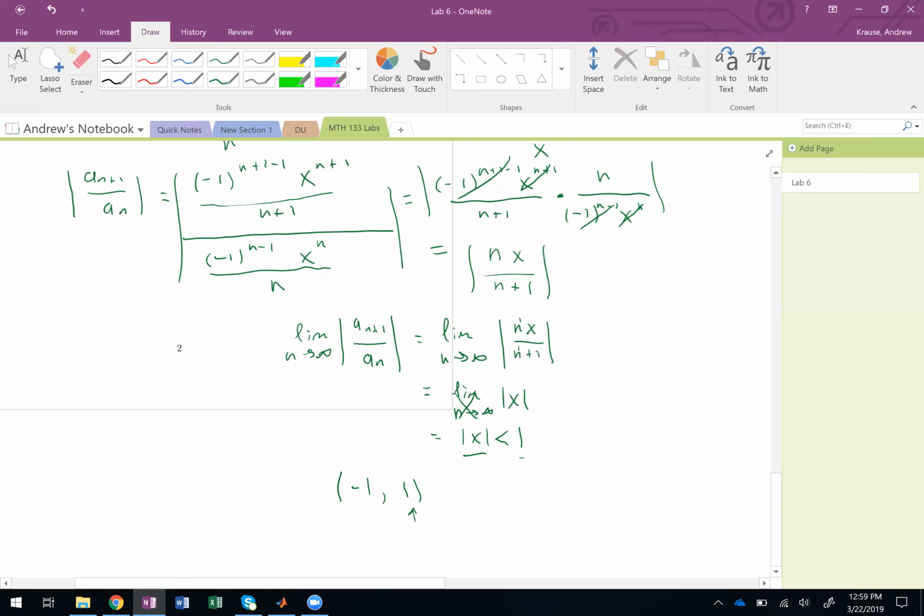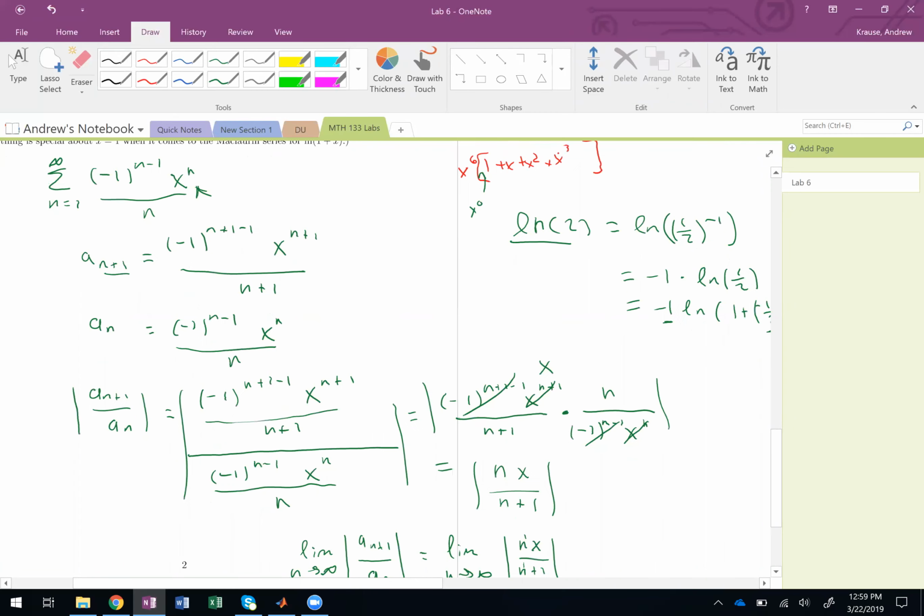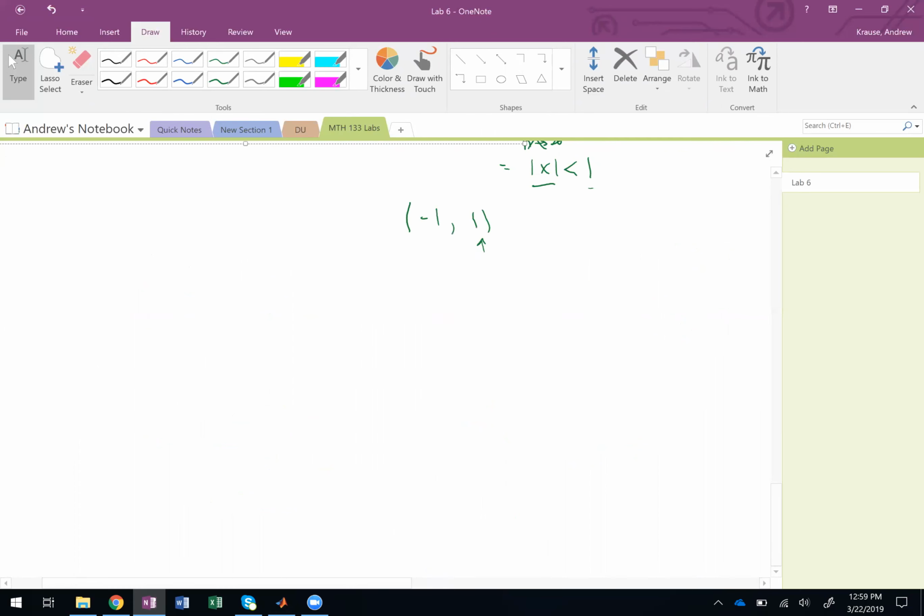We can go back up to our Taylor series and plug in 1 right here. That gives us the sum from n equals 1 to infinity of (-1)^(n-1) times 1^n over n. But 1^n is always just 1, so we end up with this nice alternating series.